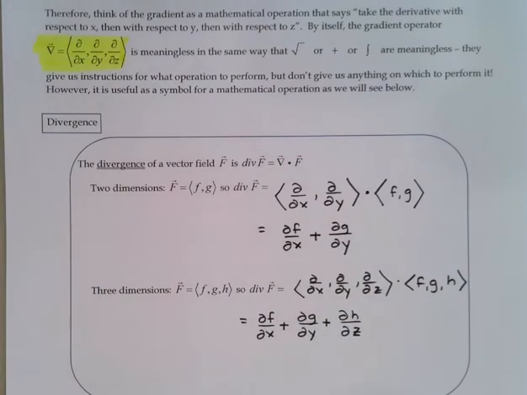You can easily see how this could go on into as many dimensions as you wanted to, although for all practical purposes, 3 dimensions is usually sufficient in our three-dimensional world.